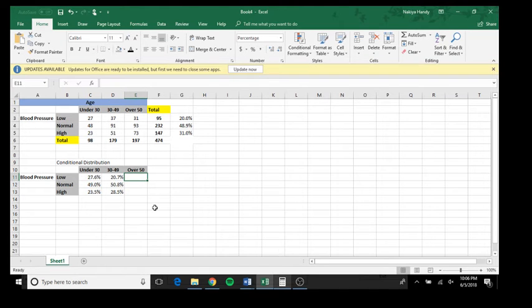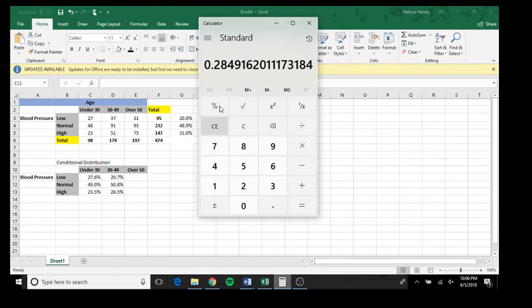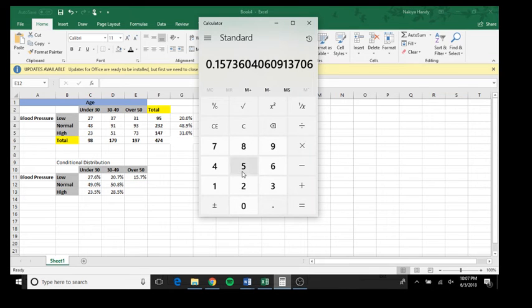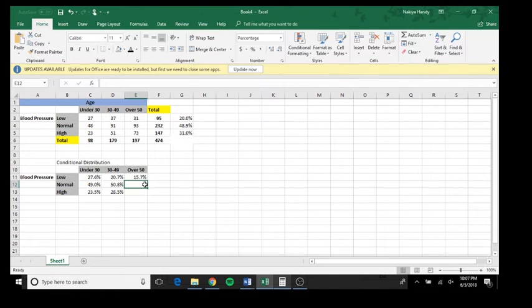So now we moved over to over 50. So now we're going to do 31 divided by 197, and we're going to round that to 15.7%. And now we're going to do 93 divided by 197, and we're going to round that to 47.2%.